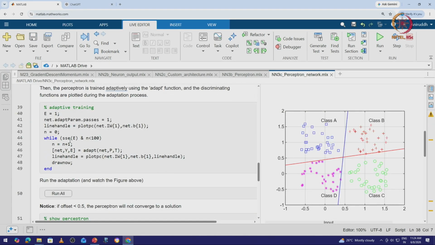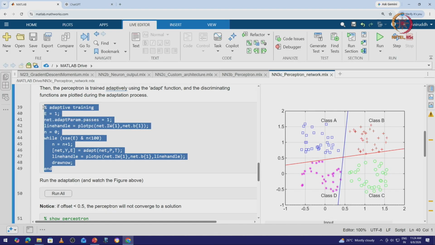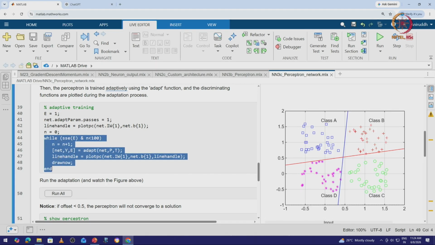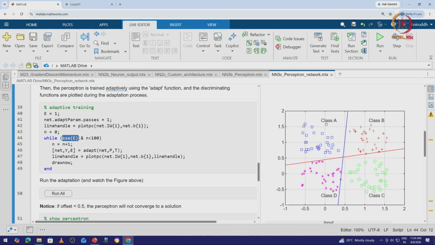Now, we perform a training operation here, again not focusing on the syntax part of it, but let us just go over it intuitively. We define or initialize the value of an error, right. We go over the iterative loop, which is essentially to minimize this error or to stop within 100 iterations. The value of n is initialized, and for each iteration it keeps getting added with 1.